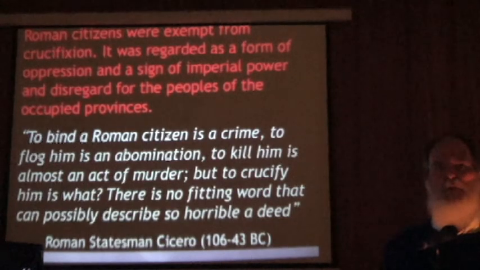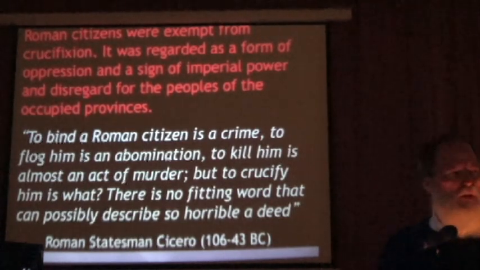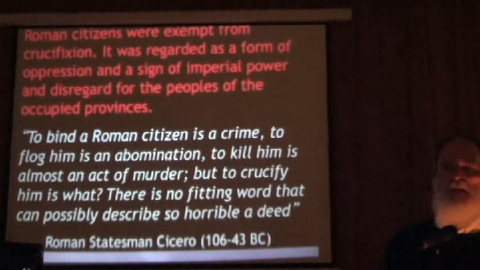After 2,000 years and many necklaces and things we wear around our necks, we don't realize so much that we have an electric chair hanging around our neck. It was something very gruesome and horrible and shameful.